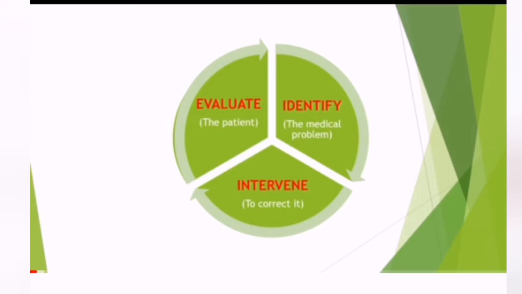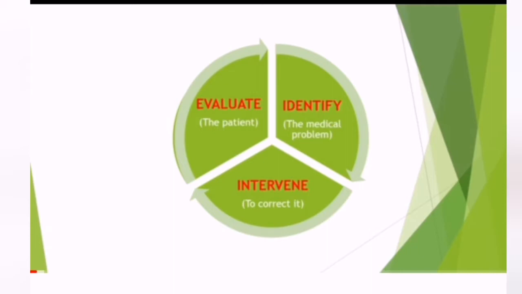After the airway, coming to breathing, the parameters we are evaluating for breathing. First, respiratory rate. Second, work of breathing, respiratory effort, and chest rise. Number 3, air entry. Number 4, oxygen saturation.